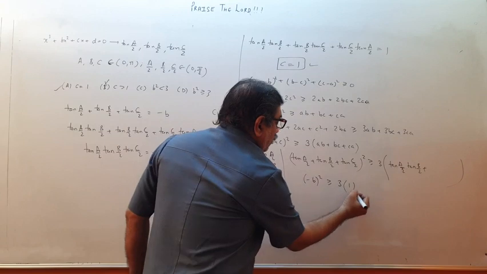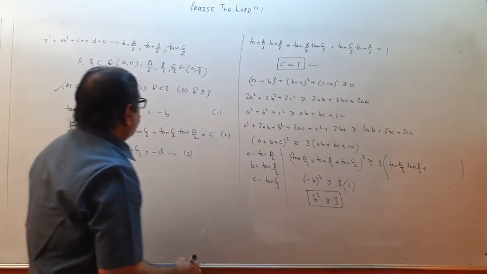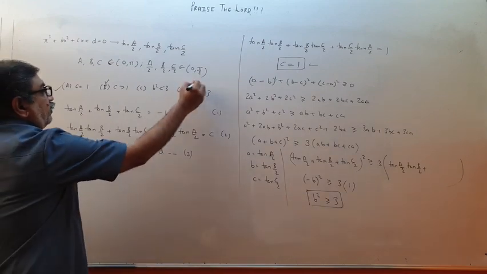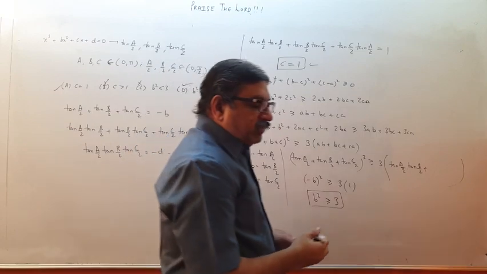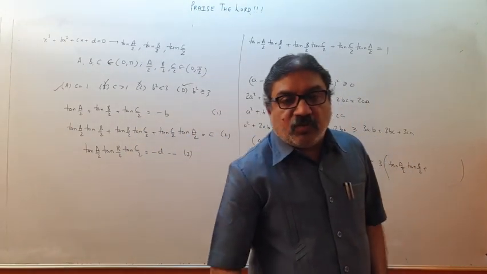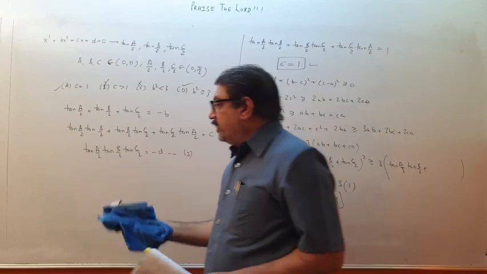This sum is b, so b square is greater than or equal to 3 we get. So option D is right. Children, these things you should know about algebra identities and trigonometry identities, then only you can solve these types of sums.